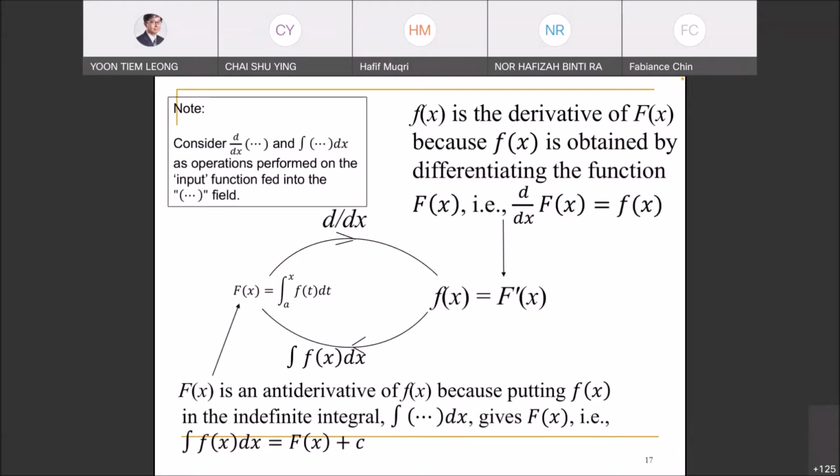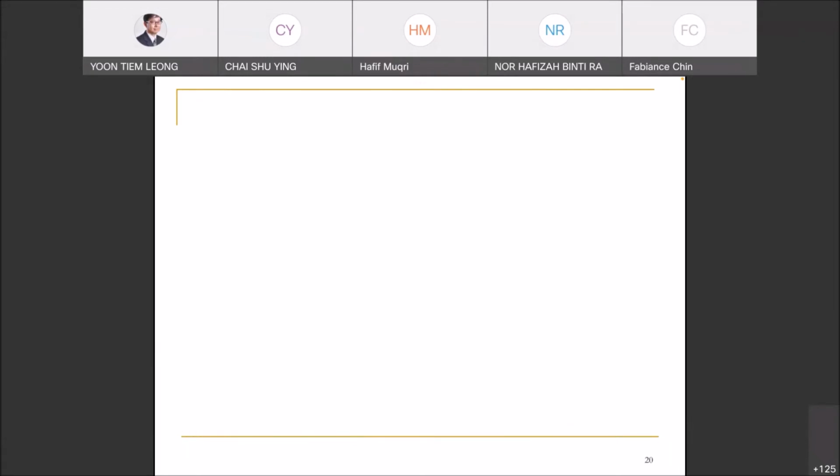The downstairs indefinite integral of f dx is the inverse of the derivative operation. The antiderivative operation is just the inverse of d/dx. I think I mentioned this earlier in the previous lecture. So you have these very simple relationships.